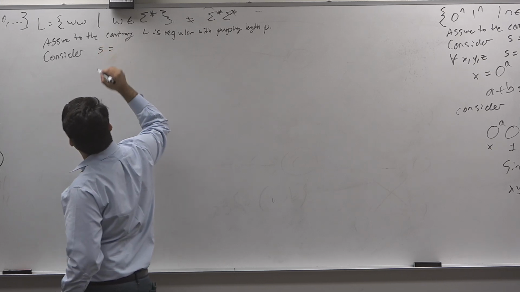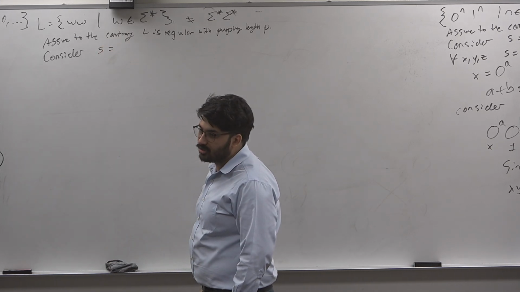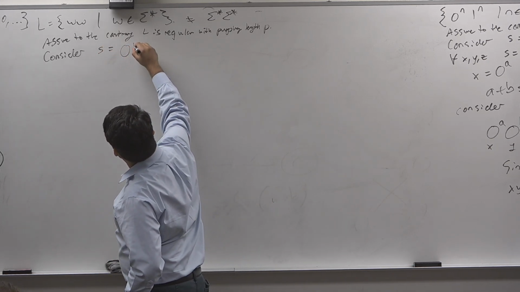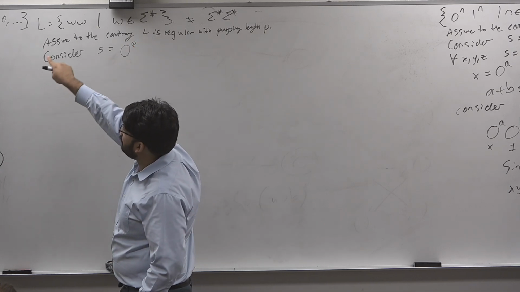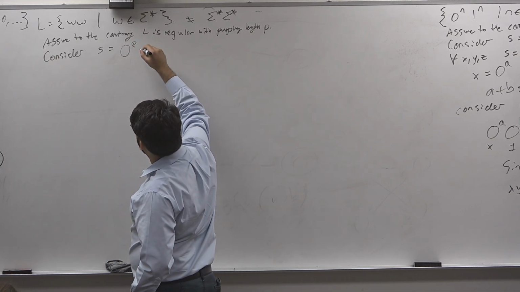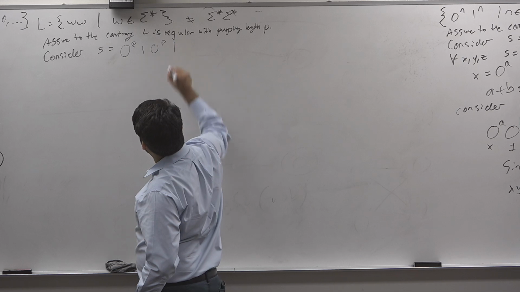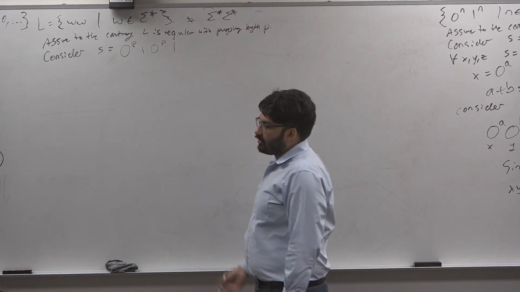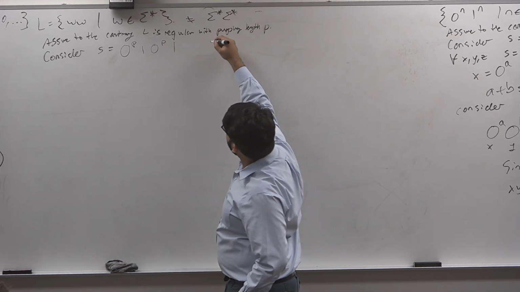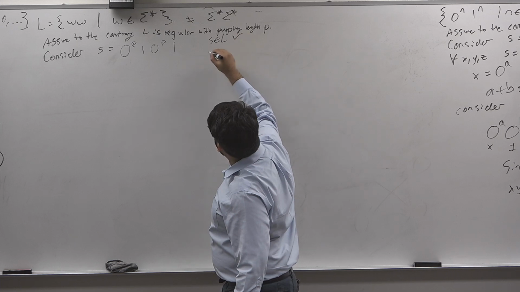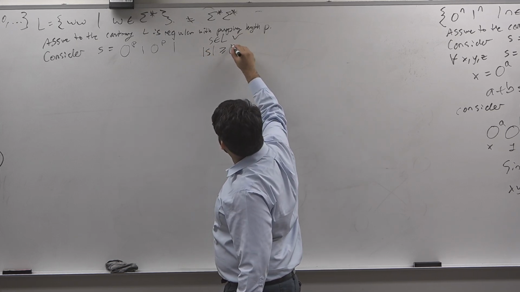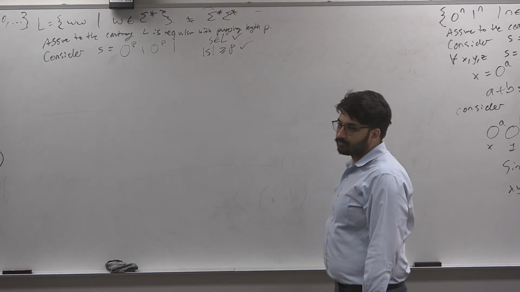Consider S is equal to, and let's, instead of choosing a bad S, let's choose the good S. So it's going to be 0 to the p, and instead of w w reversed, it's just w w here. So this is going to be 0 to the p 1, 0 to the p 1, right? To account for the w and the w. Certainly, we see that S is an element of L, and that the length of S exceeds p, right?